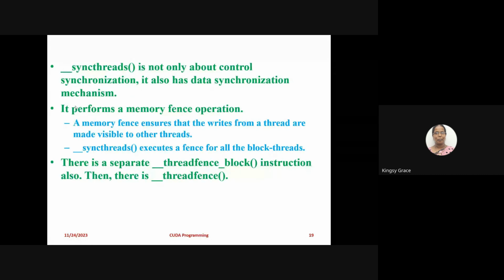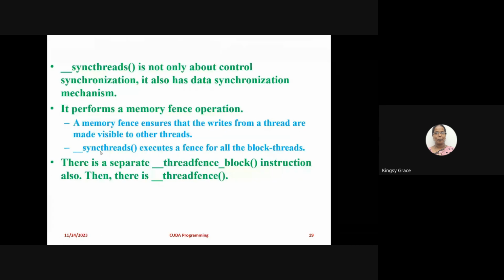Memory fence is nothing but, if any thread is writing something to a memory location, that is visible to the other threads in the same group. It also executes the fence for all the block threads. So in a single block, all the threads can see whatever is written by some other threads in the same block. Using syncthreads, you can obtain all that too.